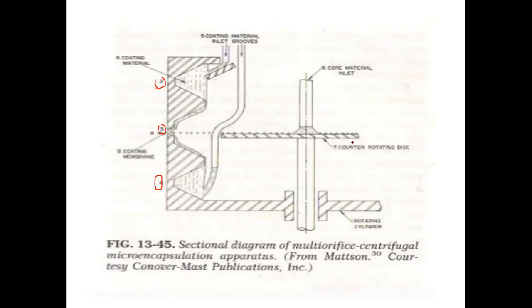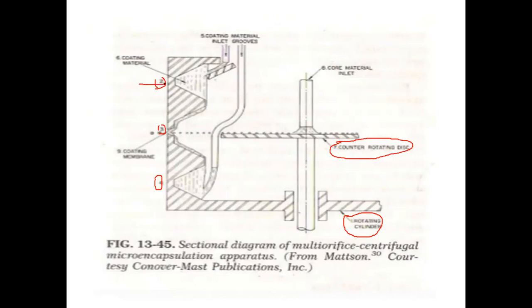So here the counter rotating disc is there, and this will be the core material inlet, and this is our rotating cylinder. Basically, the upper and the lower grooves carry the coating materials, in molten or solution form.